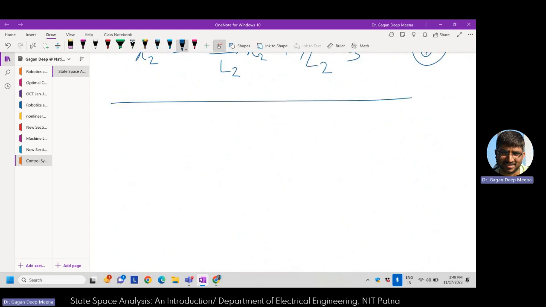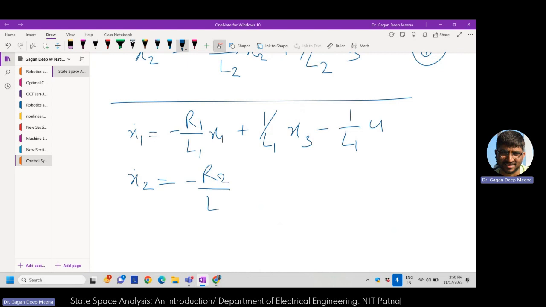So the final set of equations is: x1 dot is equal to minus R1 by L1 x1 plus 1 by L1 x3 minus 1 by L1 u, and then x2 dot is minus R2 by L2 x2 plus 1 by L2 x3, and then x3 dot is minus 1 by C x1 minus 1 by C x2.